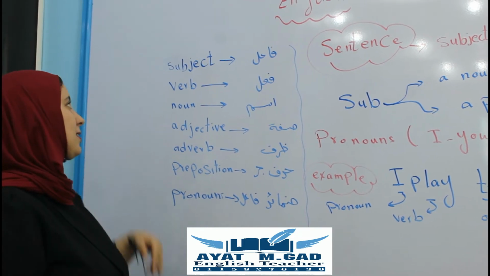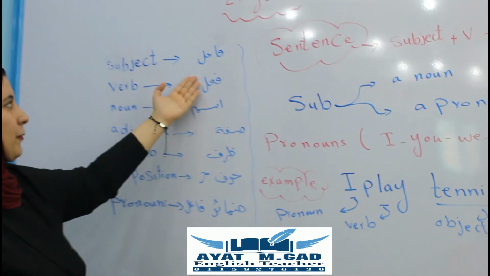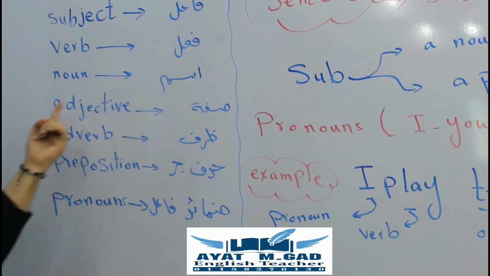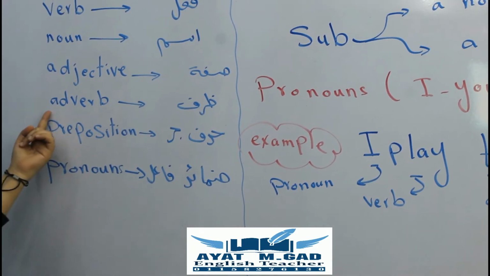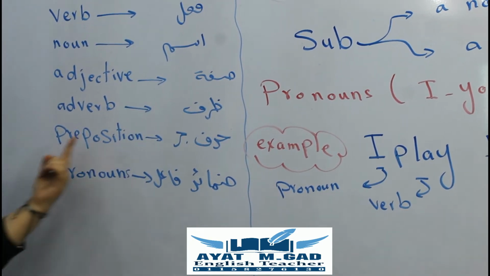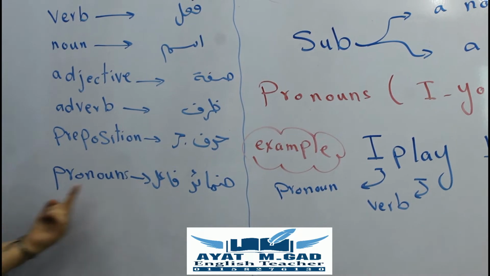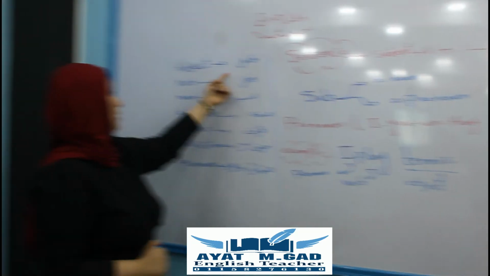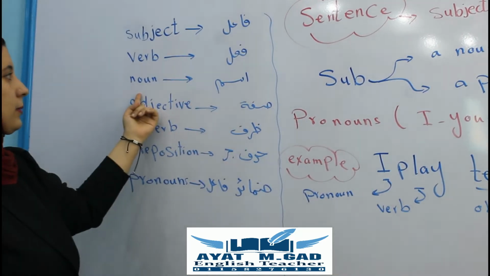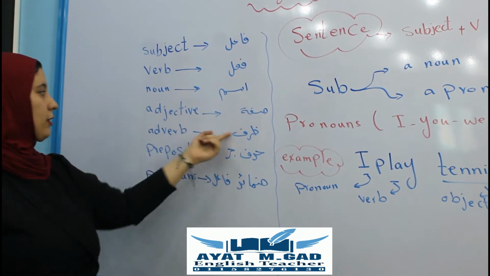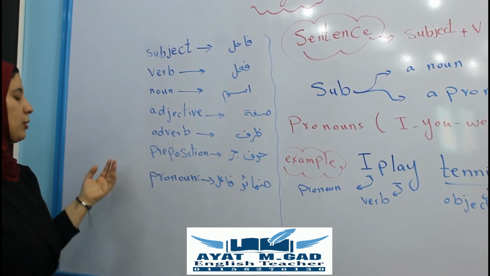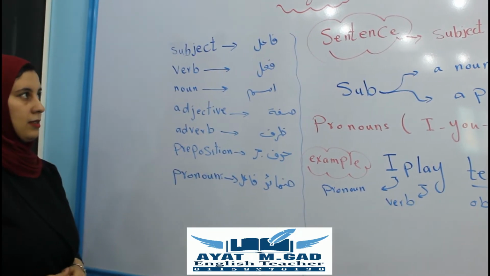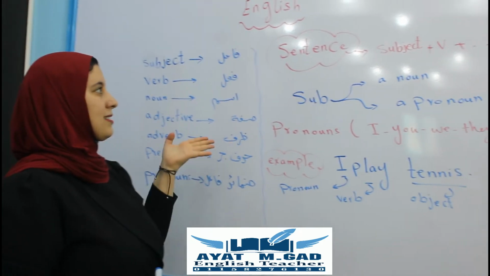For example, subject, verb, noun, adjective, adverb, preposition, pronoun. So subject means the doer, verb means the action, noun means the name, adjective the description, adverb, preposition, and pronouns. Then we will talk about how to make a sentence in English.